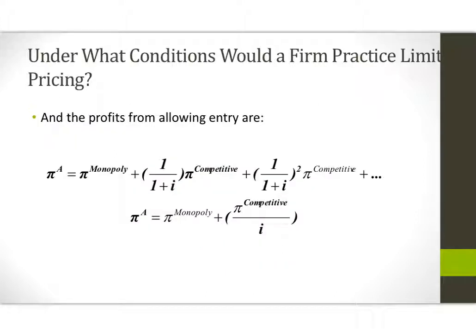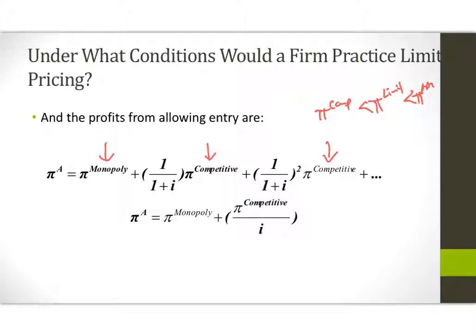If you don't limit price, you get the monopoly profit for some period of time, and then after a while, competitors enter the market. Since you didn't limit price, the market was attractive to those firms, and so when they come in, you get this amount, and we know that profit competitive is less than profit limit, which is less than profit monopoly.